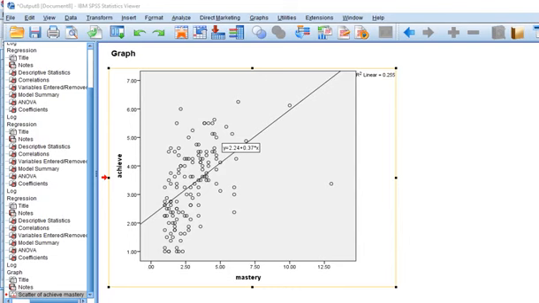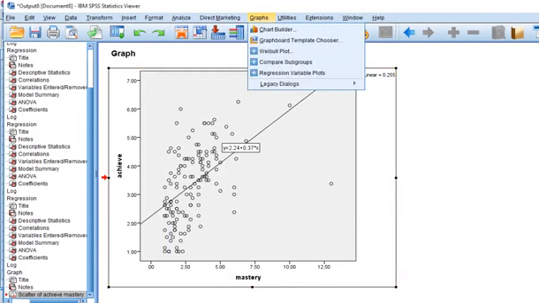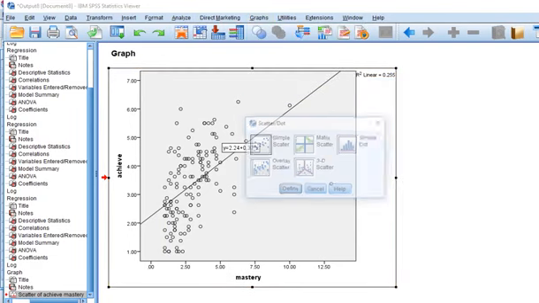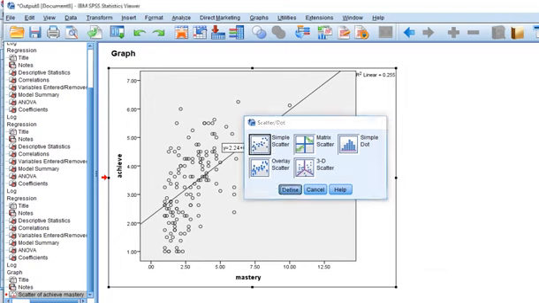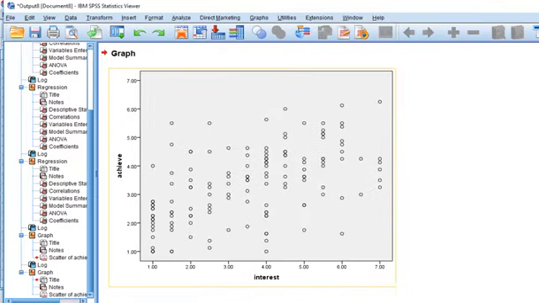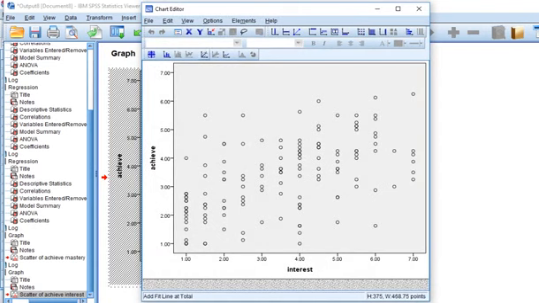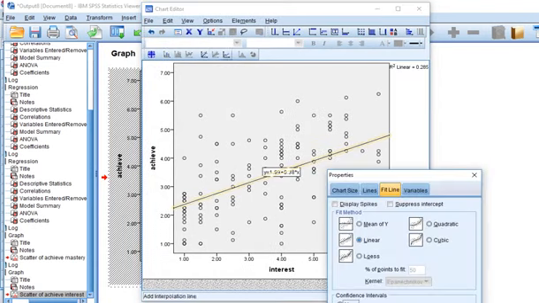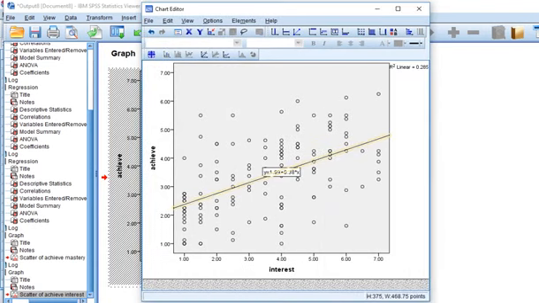Let's look at it in relation to the interest variable. So I'm going to move that over, click on OK. And so now this is what the data looks like. I'm going to double click on here, click on Add Fit Line at Total. And so that's the line of best fit that's being fitted to the data. This is a prediction line, and essentially what we have right here is the intercept and the slope.